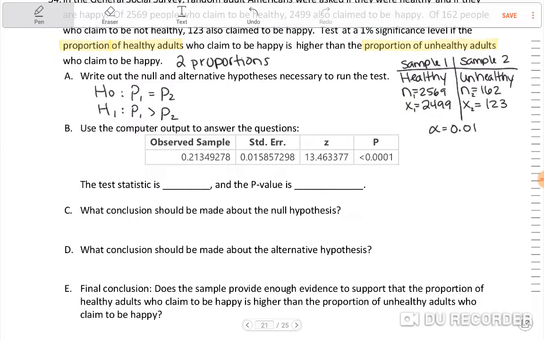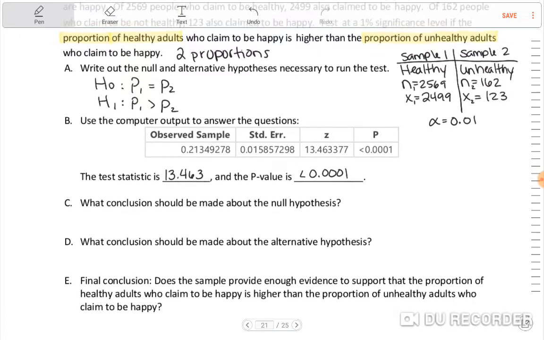Use the computer output to answer the questions. The test statistic, in this case the Z, is 13.463. My p-value is less than 0.0001. Okay, so that means pretty small.